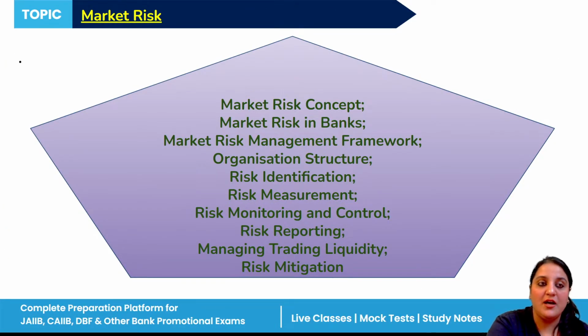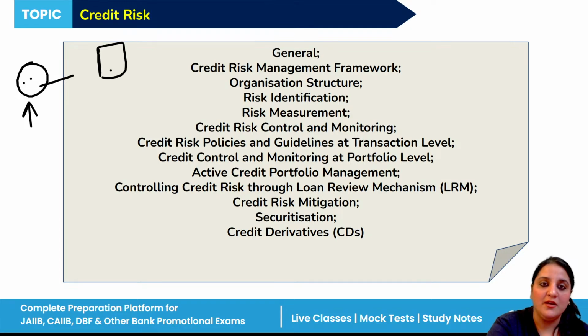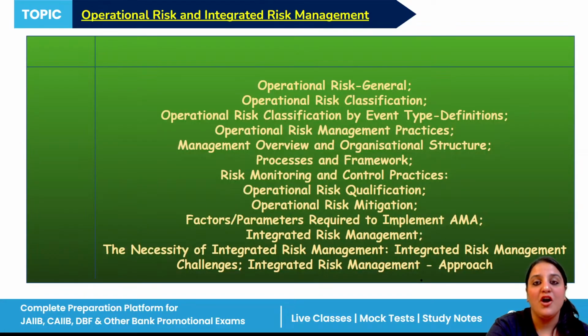Market risk is basically when the factors in the market change, and due to these factors a loss occurs. That is called market risk. Then we have credit risk, in which the bank gives the borrower a loan, but the borrower is unable to pay the loan. That is called credit risk. Operational risk is one of the dangerous risks. Why?